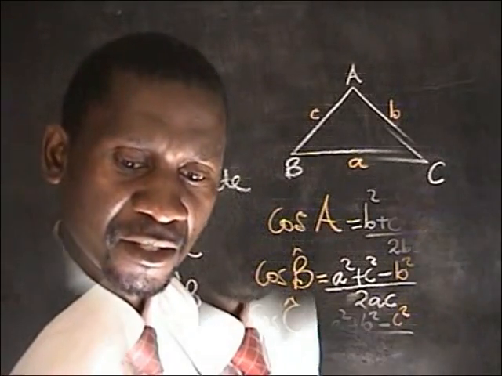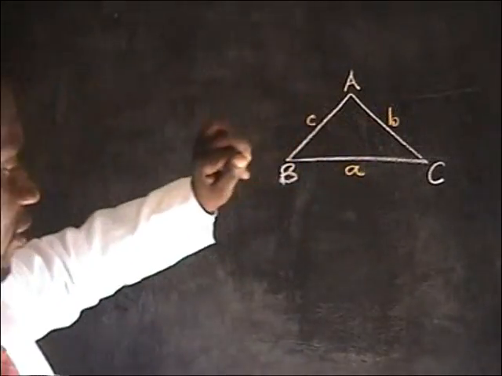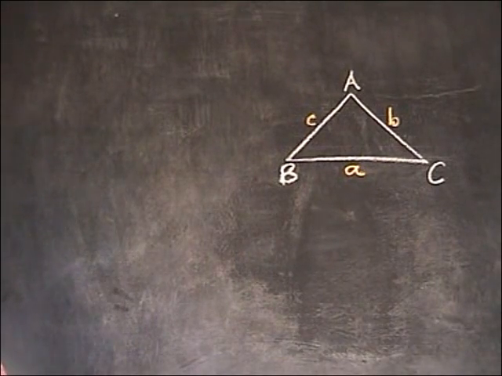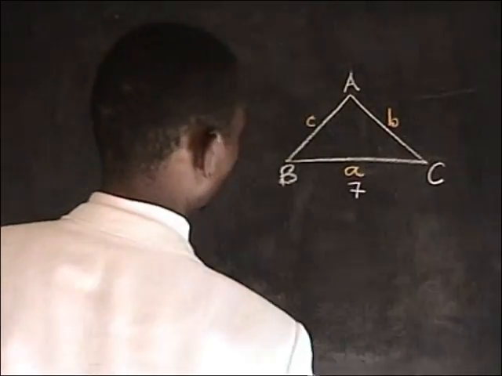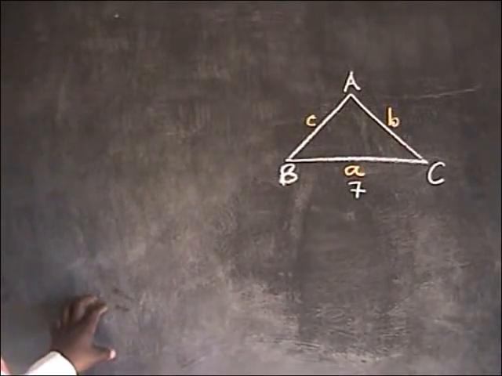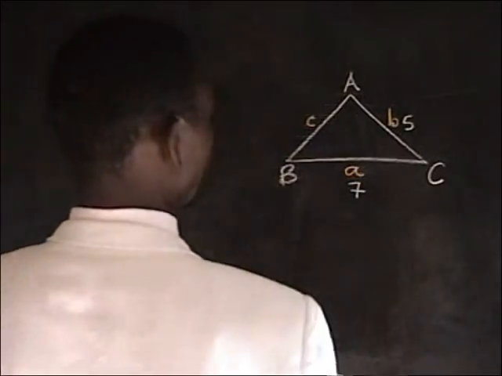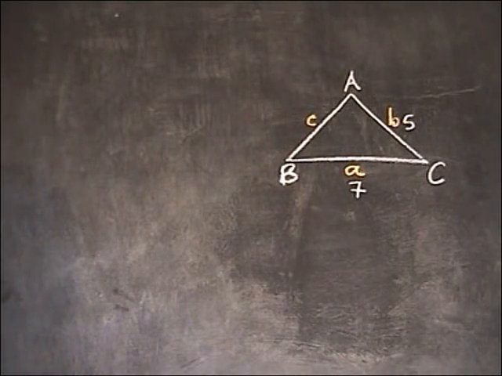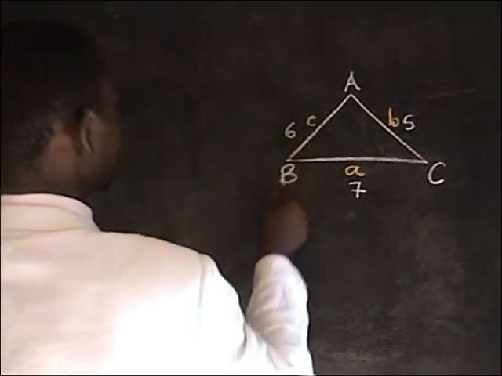Let's take this triangle. Let's assume that one of the 3 sides is 5, the other one is 6, and the other one is 7. The longest, BC, I call 7. Then AC is 5, whereas this other part, AB, is 6.